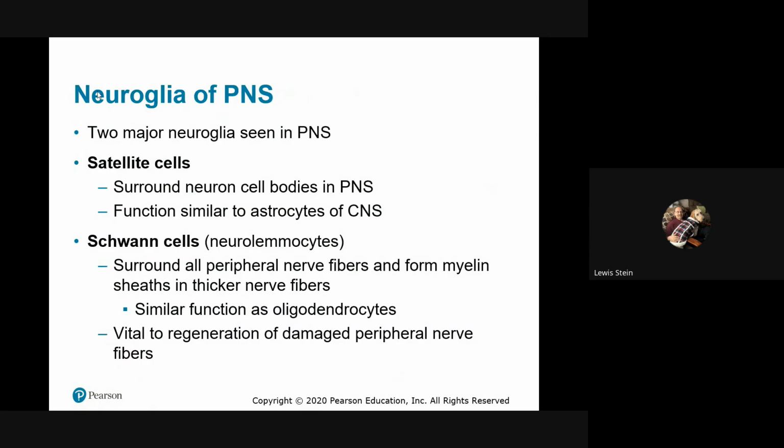Simple declarative statements, no wiggle room. And the neurolemma, remember, like a sarcolemma is a membrane, so the neurolemma is a nerve membrane. I won't use the term, I'll say Schwann cells. So again, myelin sheaths function similarly to the oligodendrocytes. They play a pivotal role in something we do not discuss here, but you probably will, depending on who's teaching you, AP2.